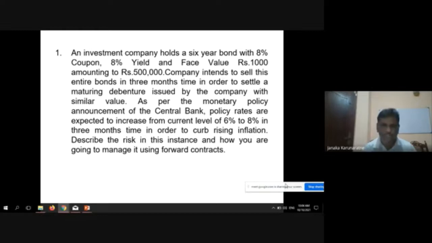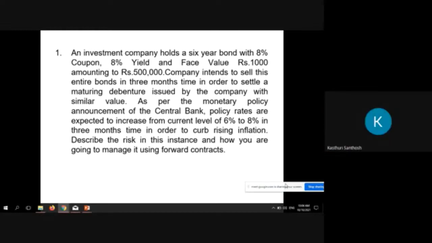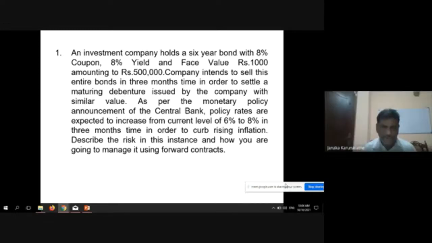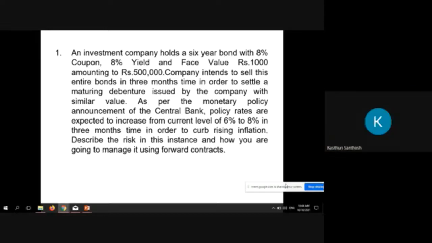Can someone tell the possible risk? Bond price will fall. Yeah. How, due to what? Because the interest rate is going up.